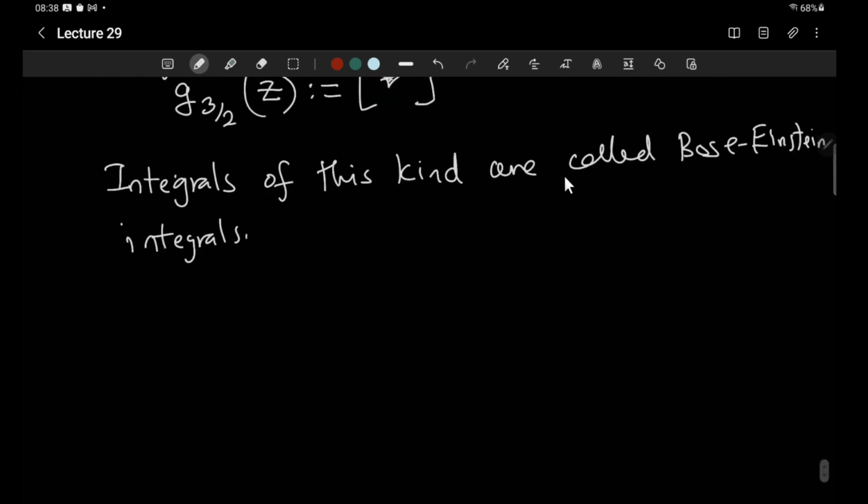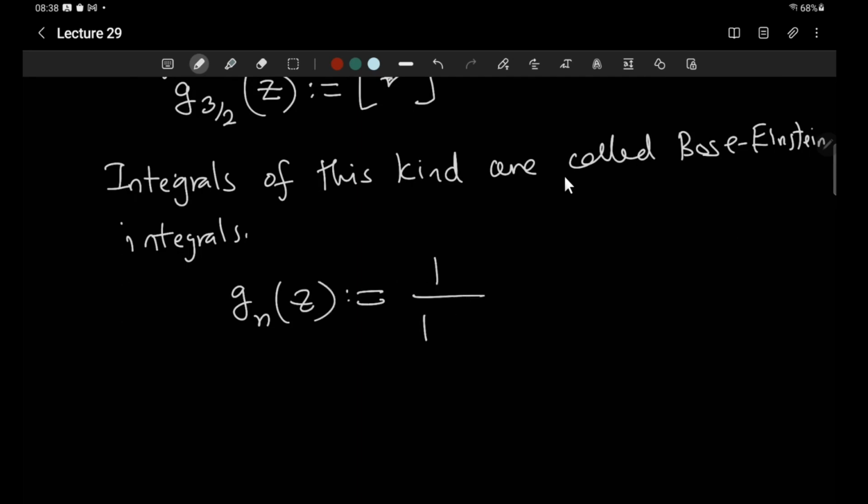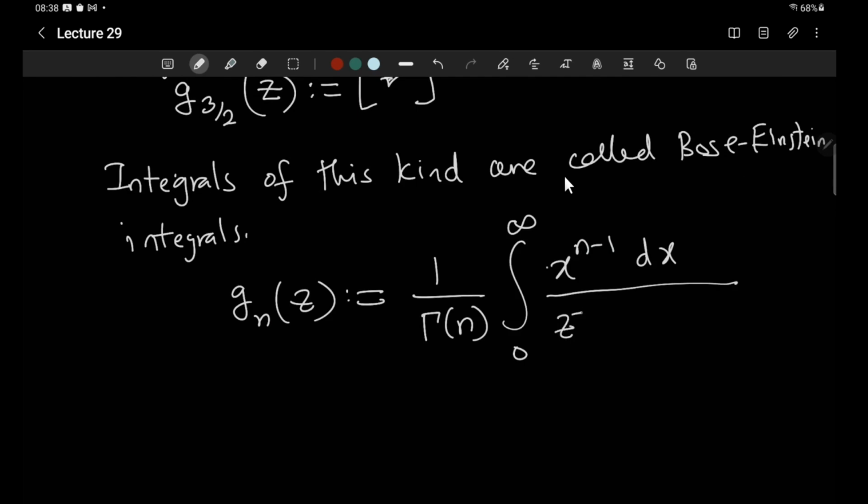I wrote a 3/2, and they are defined as follows: g_n of z is defined to be 1 by gamma of n... Okay, so that's what you get.